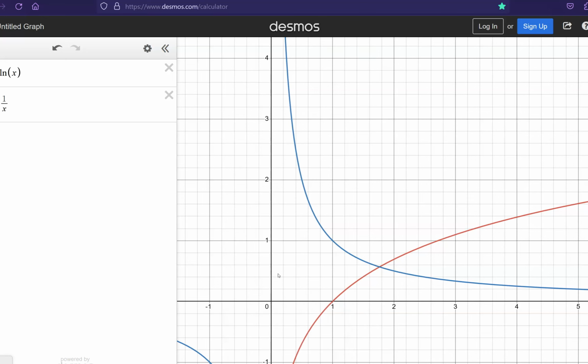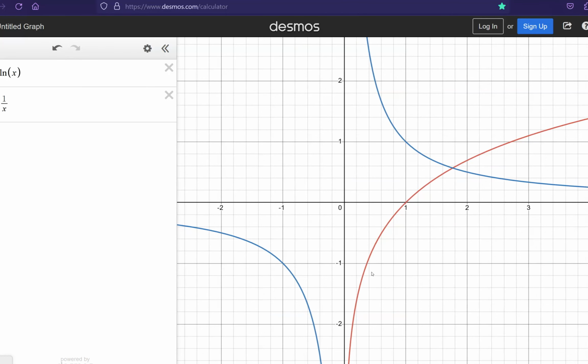Now, something we need to be careful of is that if we're starting with our natural log function, we can't be plugging in negative values. So for evaluating derivatives, we should only be dealing with positive x values.